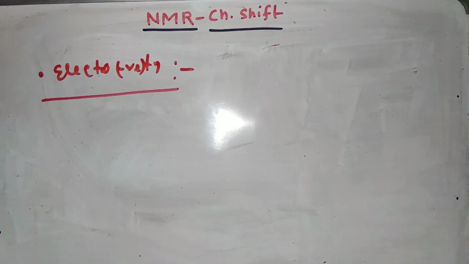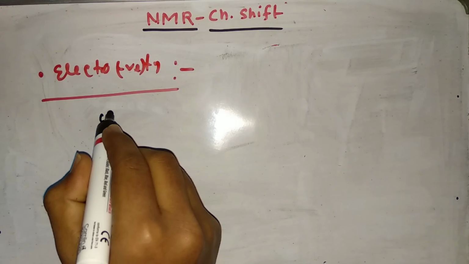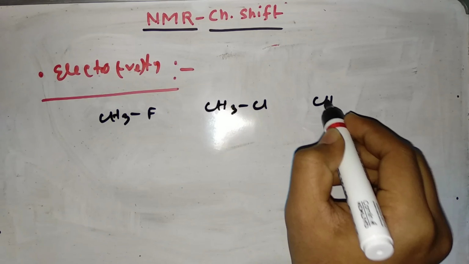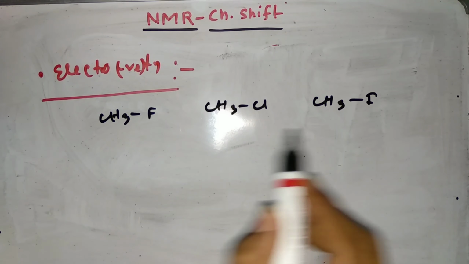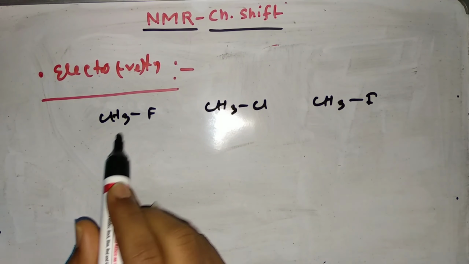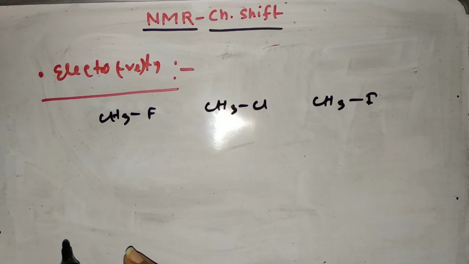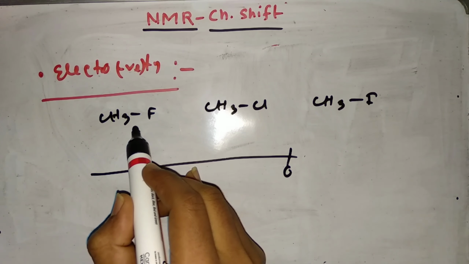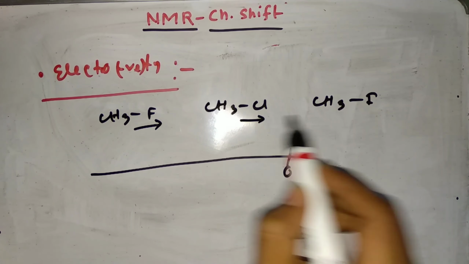So how does electronegativity affect it? Say if a system is CH3F, CH3Cl, CH3I, the protons are nearly equivalent. So these protons, say this is the reference value. Here fluorine has the highest electronegativity, then chlorine, then iodine.